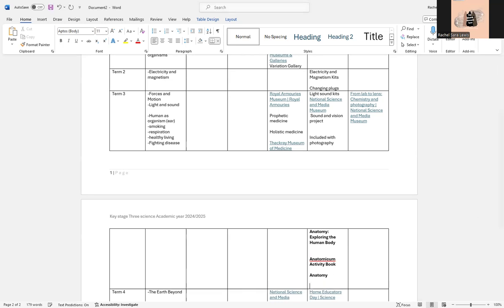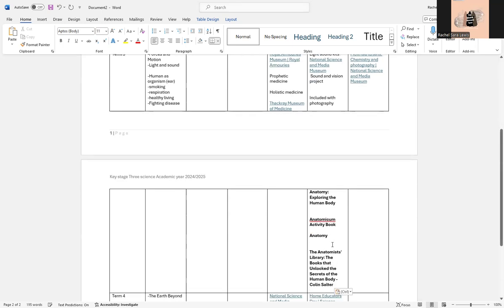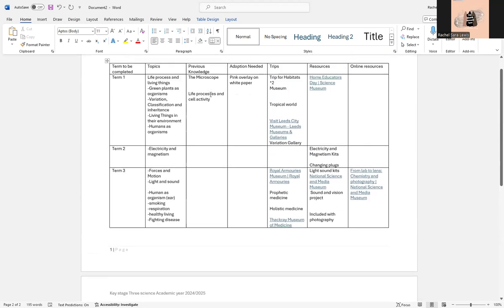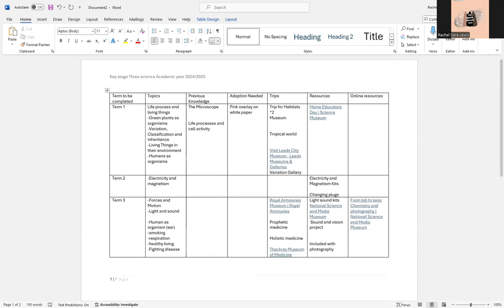We've also spoken about things such as organ donation and how that would work. So she knows a lot about tissues and all of that sort of jazz. But we will obviously for that take a visit to Leeds Thackeray Museum.